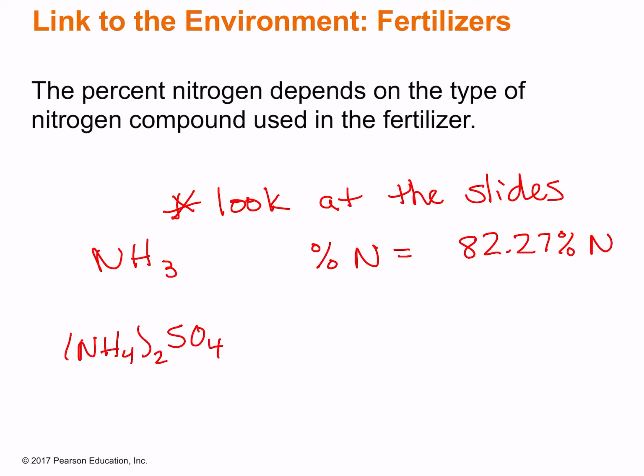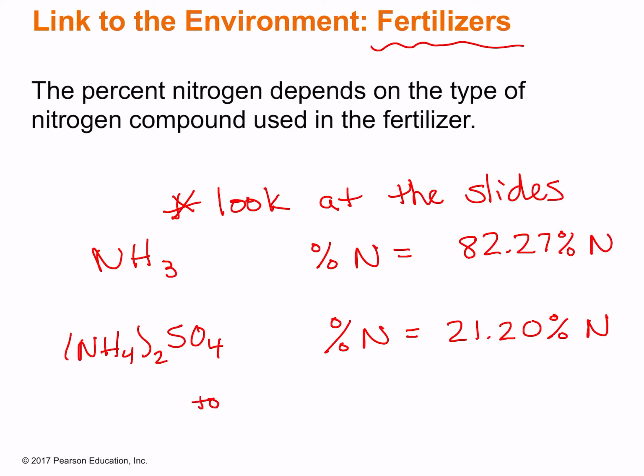If you went through and calculated the percent nitrogen in that one, it's a lot lower. It's 21.20%. And so farmers and whoever else is using these fertilizers will actually pick which one is best for their crops based on their percent nitrogen. So I promise this is something people actually use out in the world. So if you see this percent nitrogen written on there, that's how they're doing the calculation.